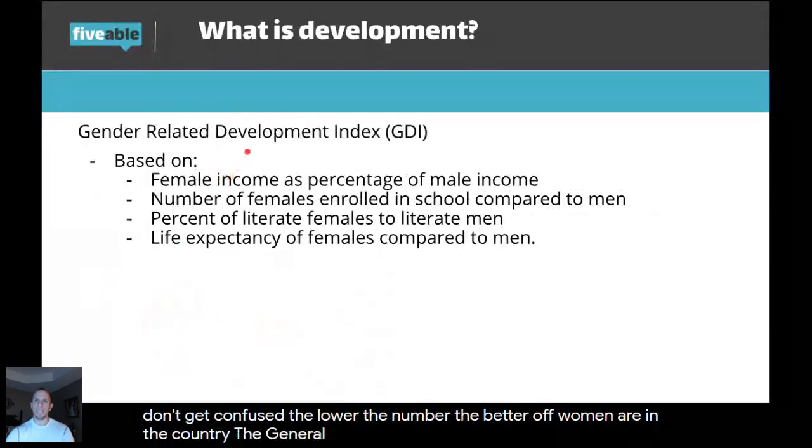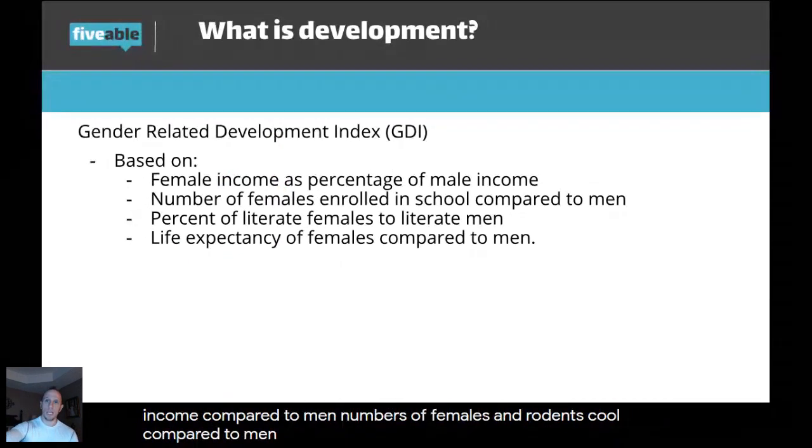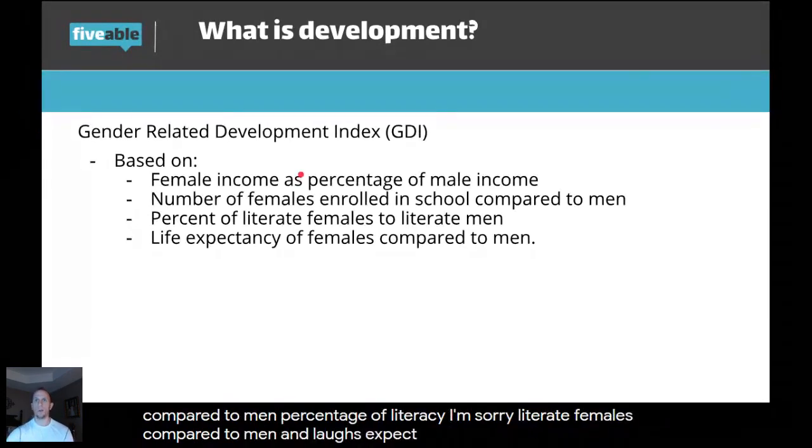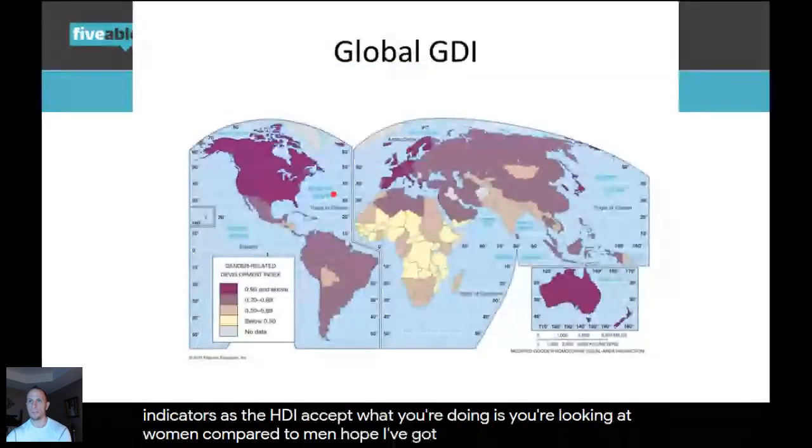The Gender-Related Development Index is based on female income compared to men, number of females enrolled in school compared to men, percentage of literate females compared to men, and life expectancy. So it's the same exact indicators as the HDI, except you're looking at women compared to men. I hope I've got a map for this. I do. GDI.